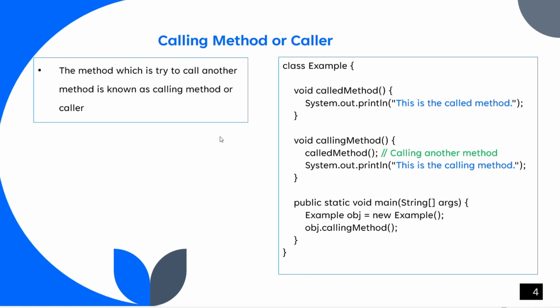So here we have an example class. Inside of this class we have two methods. First one is void calledMethod, and next one is void callingMethod. You can see inside the calling method, we are calling the called method. That is called a calling method, or calling another method.